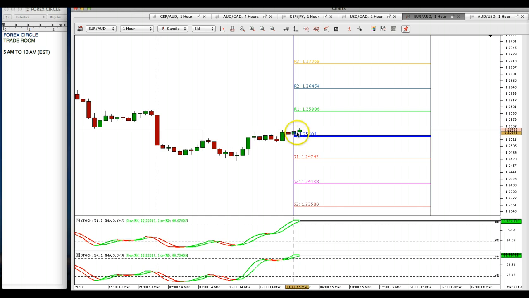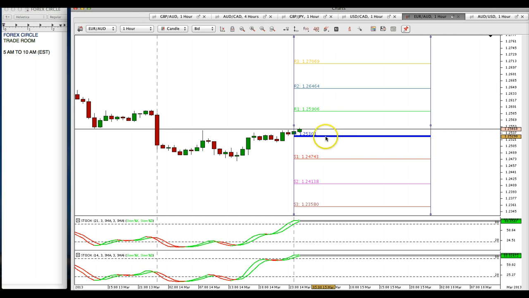So if price prints above the main pivot point and starts going north, we're in an uptrend. And the further away it gets from the main pivot point, hits R1, maybe R2, then it starts to miss home and it starts to go back to the main pivot point. So it's just waves. It's just the market taking off in a direction, then it's overbought, and then it turns back down and goes to the main pivot point.